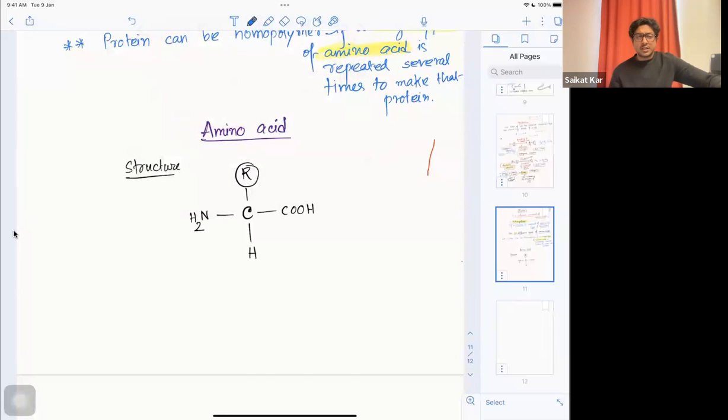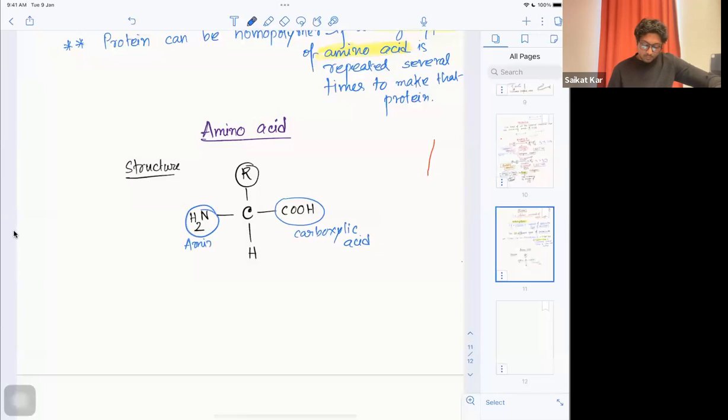Alkyl group means you can add any number of carbons here or any structure here, hydrocarbon. So this is the acid, carboxylic acid functional group. And this is NH2. I have written it in a reverse way because the bond is with nitrogen, that's why. So NH2, this is actually what?